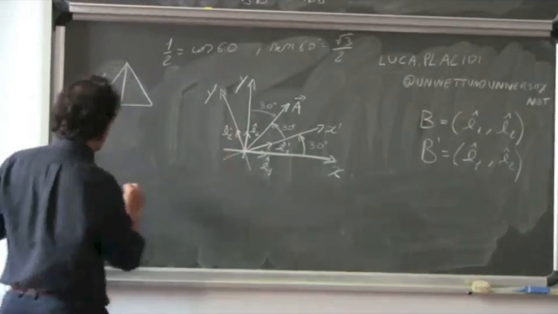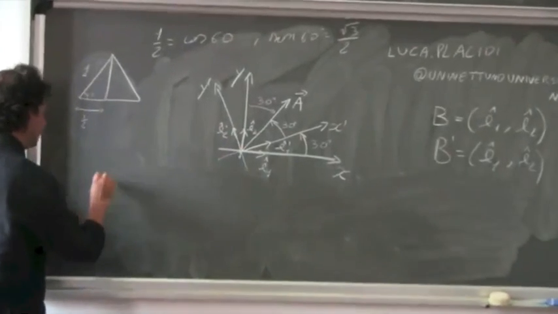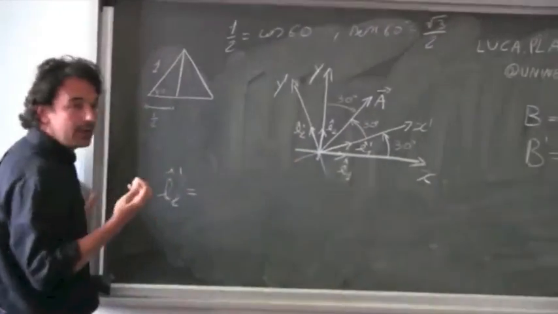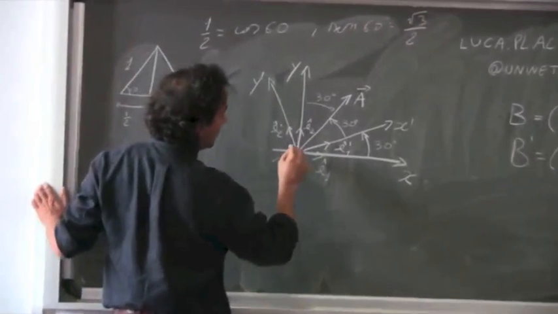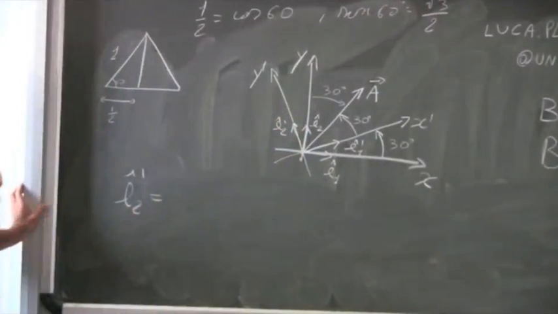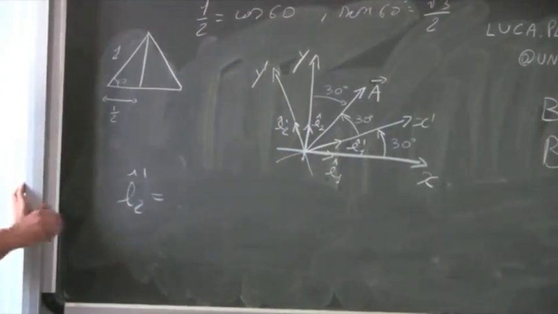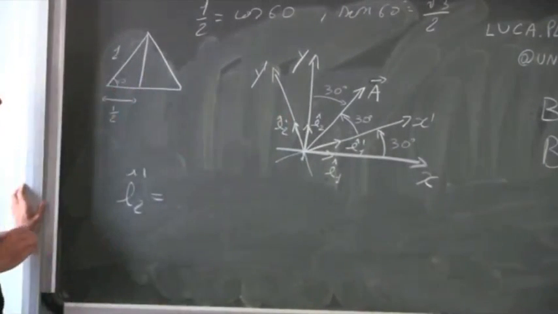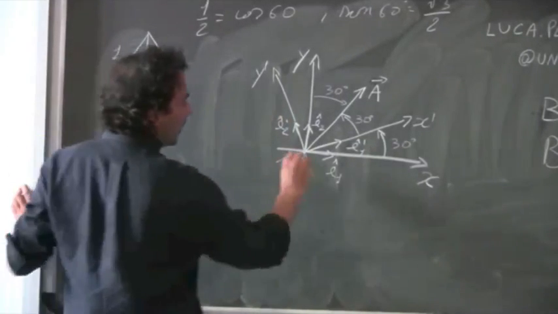We have E2 prime, which is equal to E2 prime with respect to E1 and E2. The modulus of E2 prime is 1 because E2 prime has this hat. So the modulus is 1.